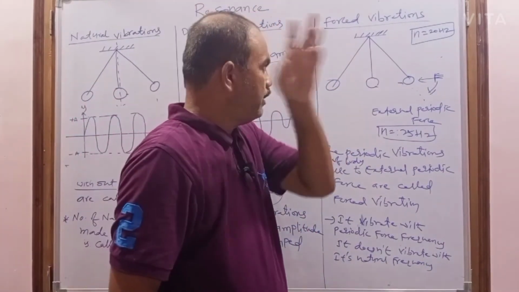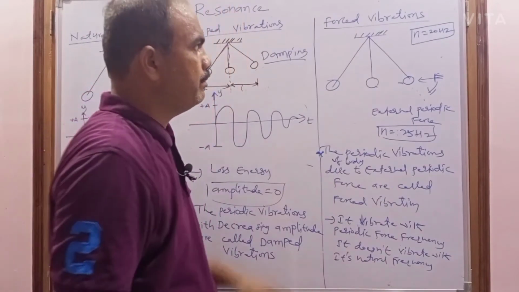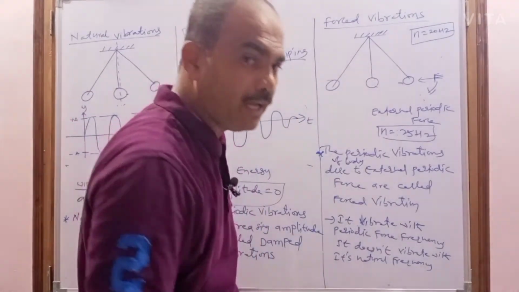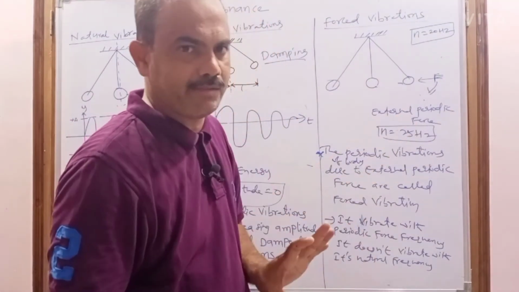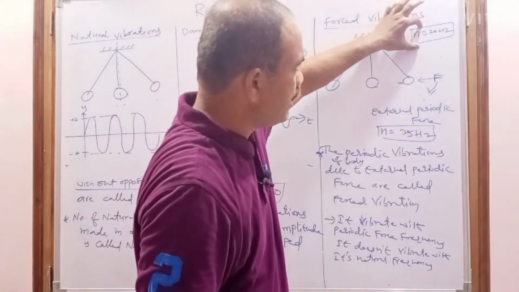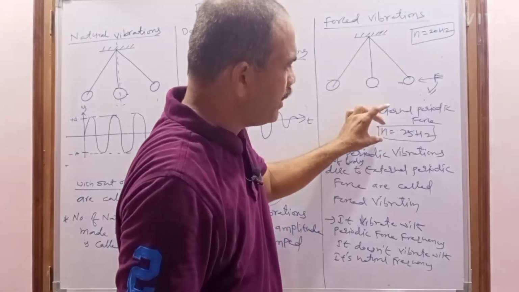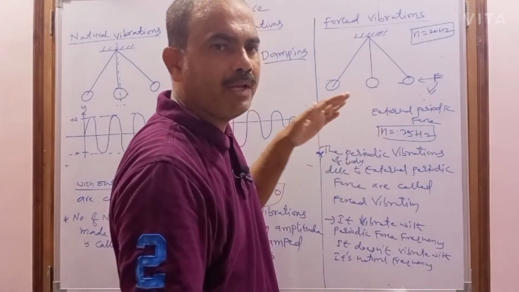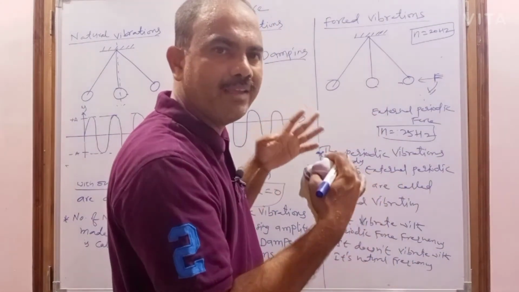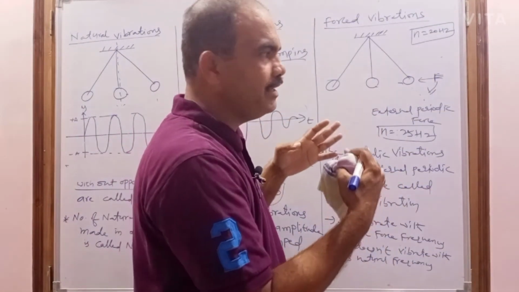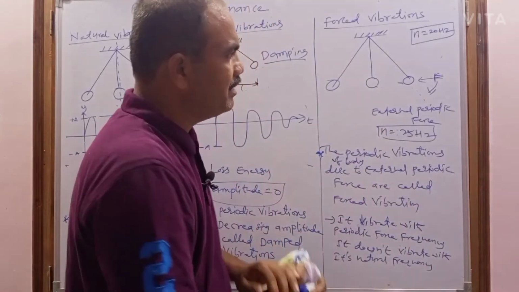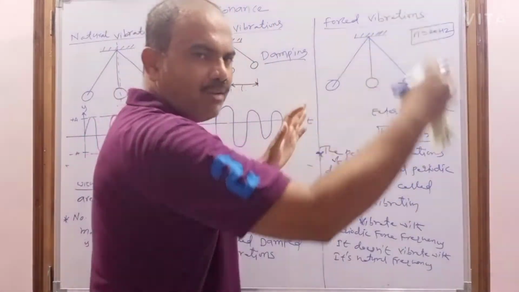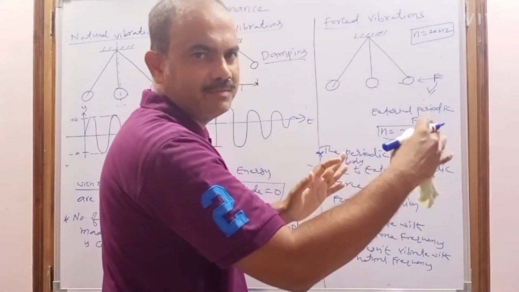But in forced vibrations, in some cases, the natural frequency of the body and the external periodic force frequency coincide, or become equal. At that condition, the body vibrates with larger amplitude.